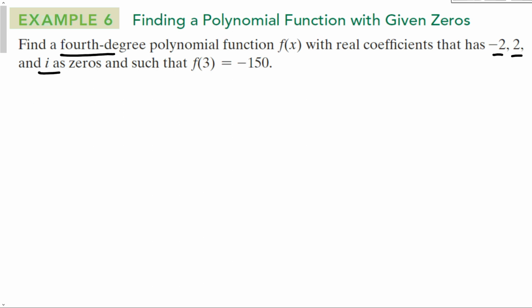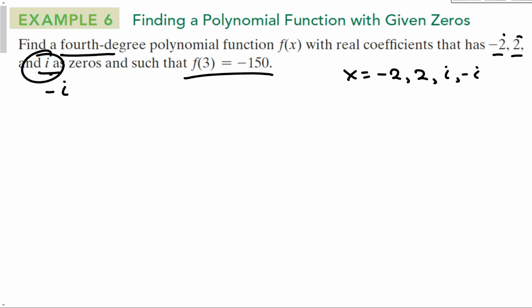Well, if it's a fourth degree polynomial, it has to have 4 roots. I only see 3 there. But I know that if I have i as a zero, I also must have its conjugate, -i. So x is going to be equal to -2, 2, i, and -i.